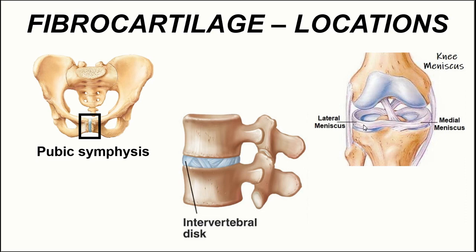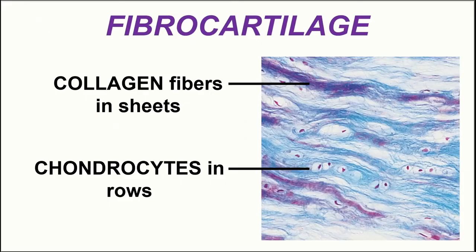And it makes up the pads called the menisci within the knee joint. The lateral and medial meniscus are made out of fibrocartilage, and that helps to support the femur on top of the tibia, as well as keep those two bones aligned during any normal knee joint movement.